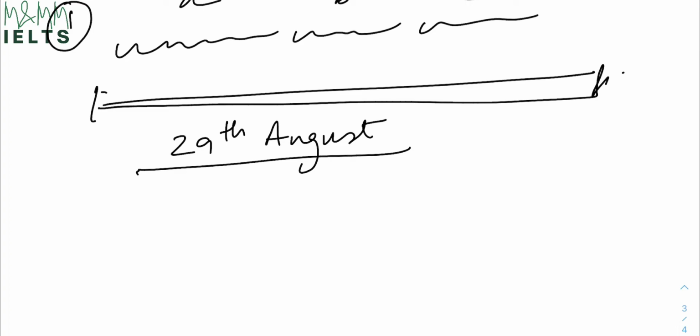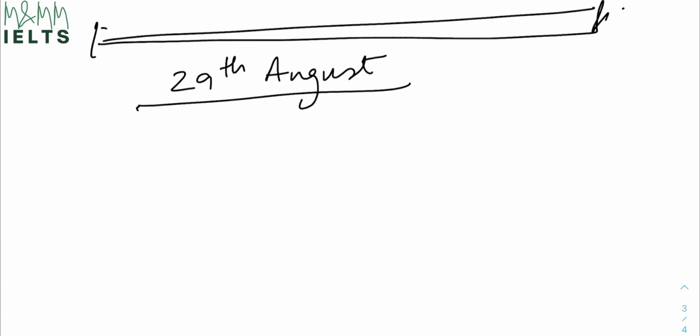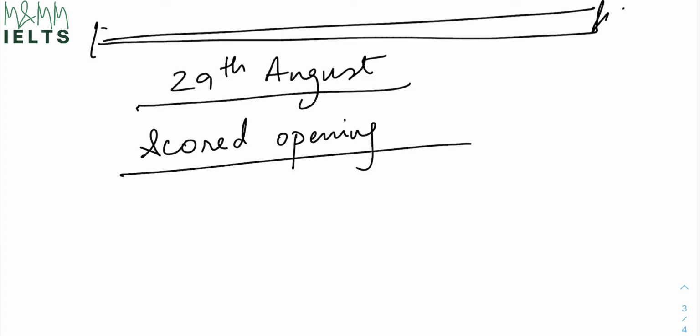Yes, you don't expect them to do that with the question they have given you, but they expect you to do it with the answers they have given in the audio. So I'll give you one more example. Let's say the answer is scored opening. This is one of the answers from IELTS Cambridge test papers. You are supposed to write it as scored opening only.